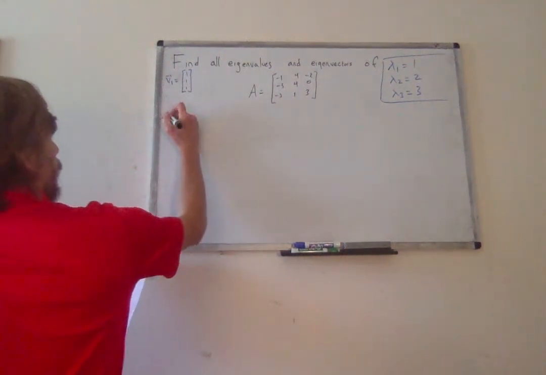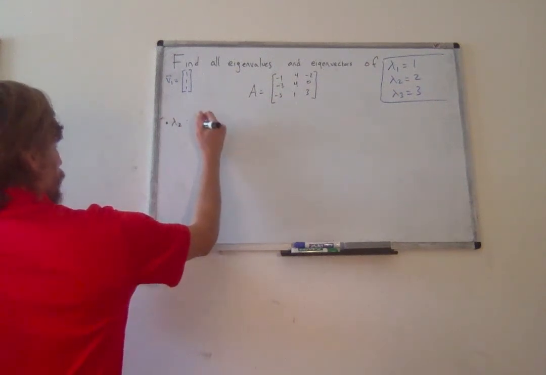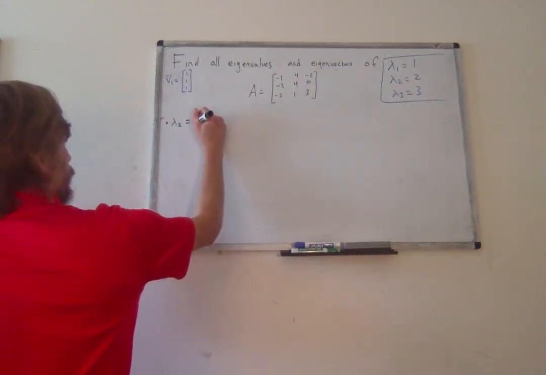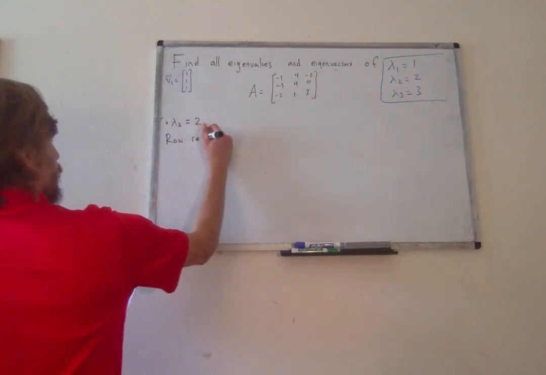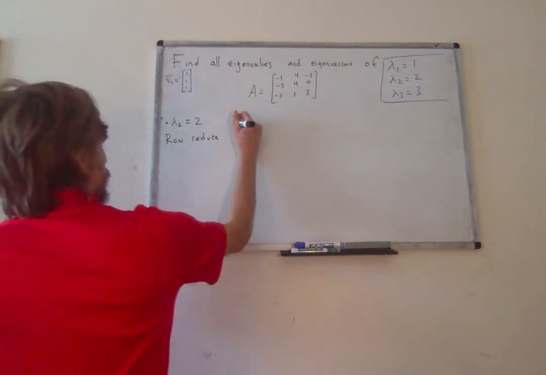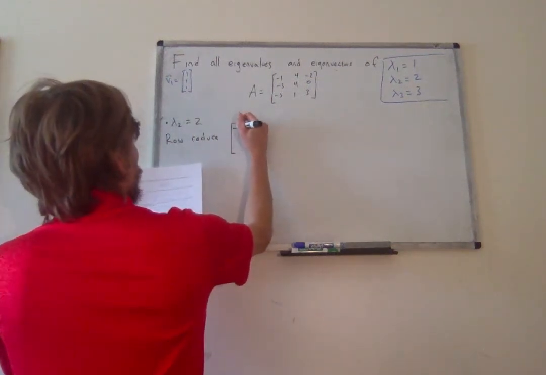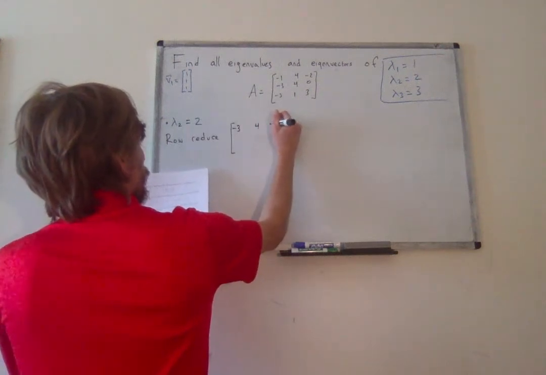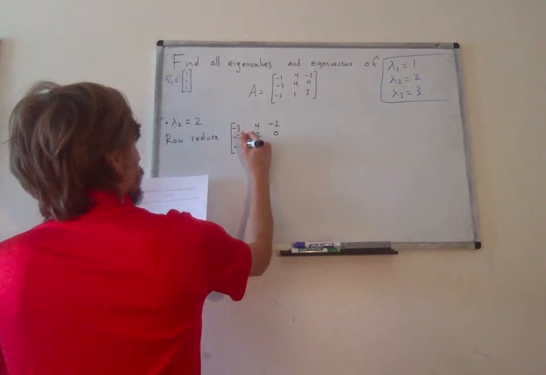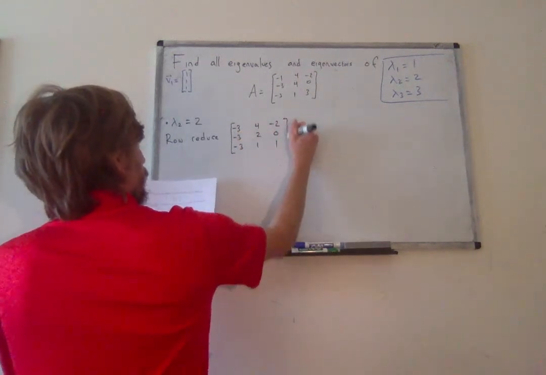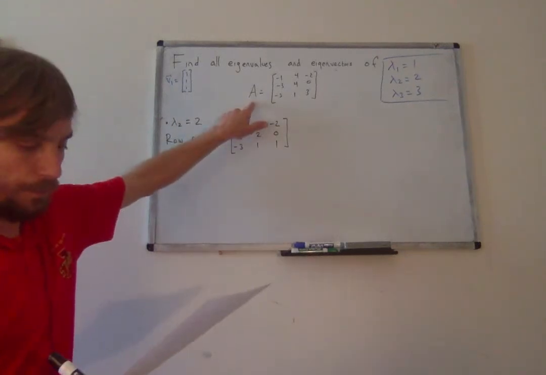So lambda 2, remember, is equal to 2. And so we want to row reduce. Here I'll probably start moving a little quicker. Now we want to row reduce the matrix where I subtract 2 from each of the diagonal entries of A. Notice this time I've subtracted 2 from each of the diagonal entries.